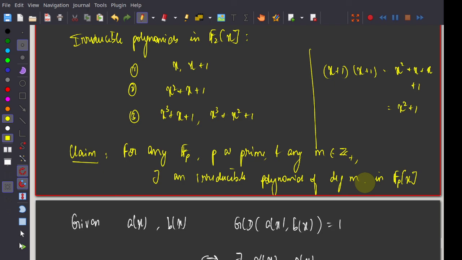In general, there are multiple irreducible polynomials of degree m for finite fields, for prime fields, with coefficients from prime fields specifically.